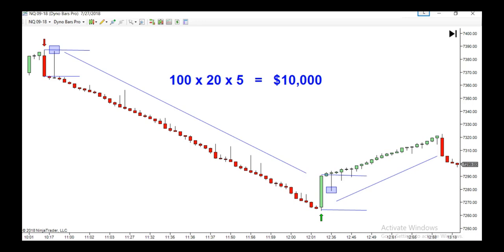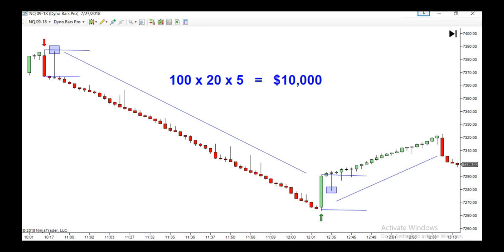So if you remember my clip from a couple seconds ago, we take the points, we multiply it by the contract size, and we multiply it by the number of contracts, right? So 100 times 20 times 5, that's $10,000 in one day. These are real numbers, folks, all right? This is no joke.